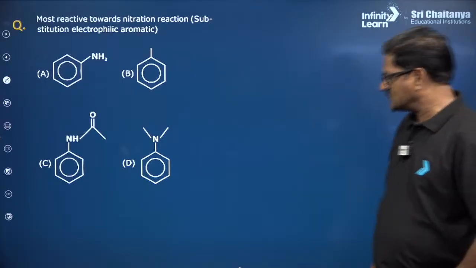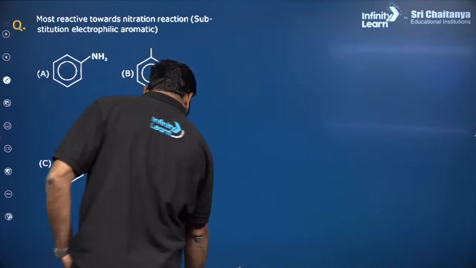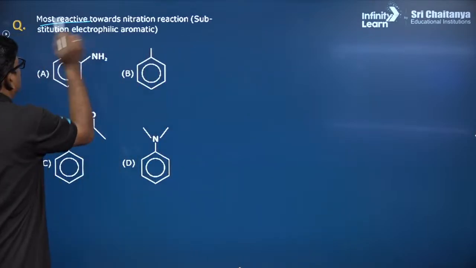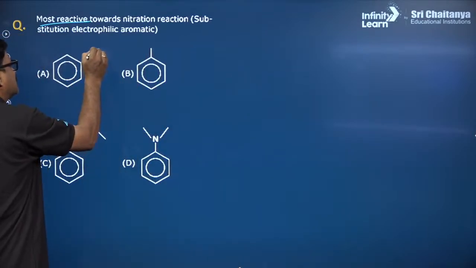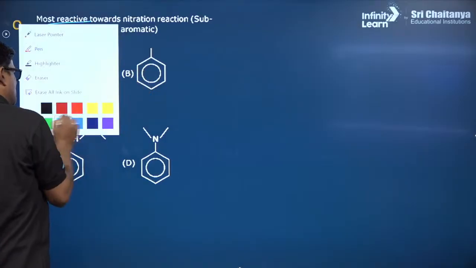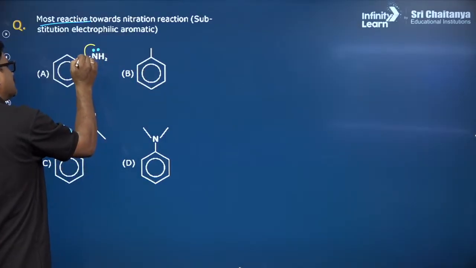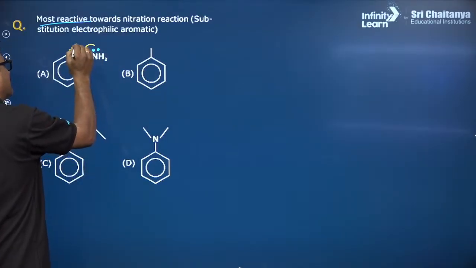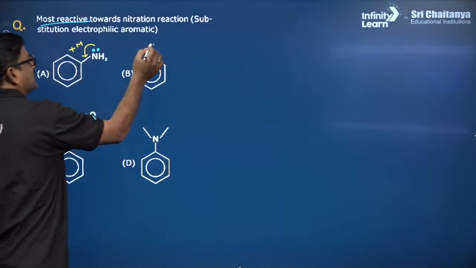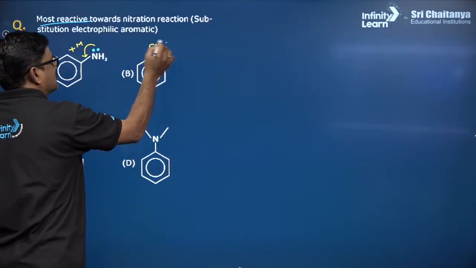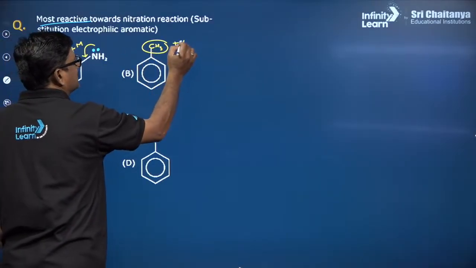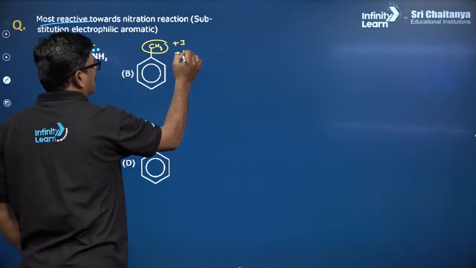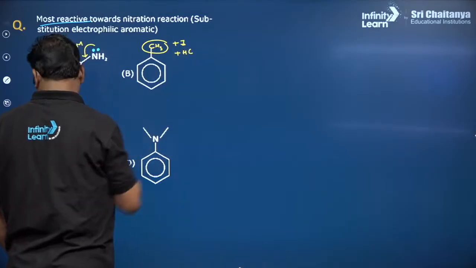So, most reactive means it should have more positive mesomeric effect. Let's see, it is having the most positive mesomeric effect, and it is going to have CH3. So it has only positive inductive effect and positive hyperconjugation, right?